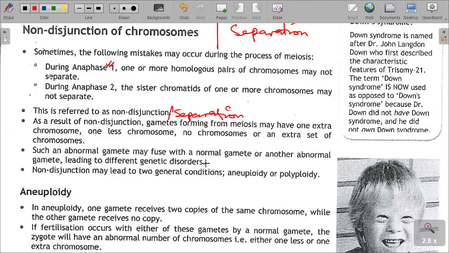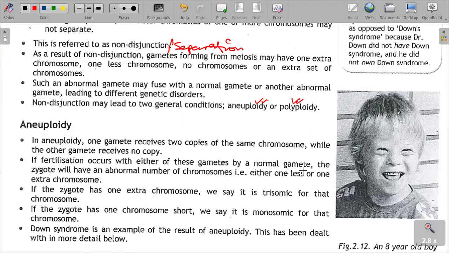Non-disjunction may lead to two general conditions which can be called aneuploid or polyploid. Let's look into aneuploid.